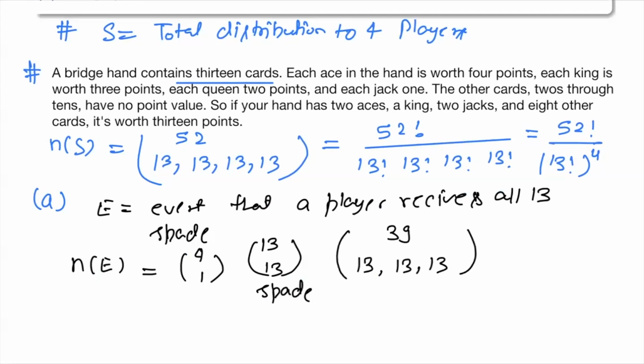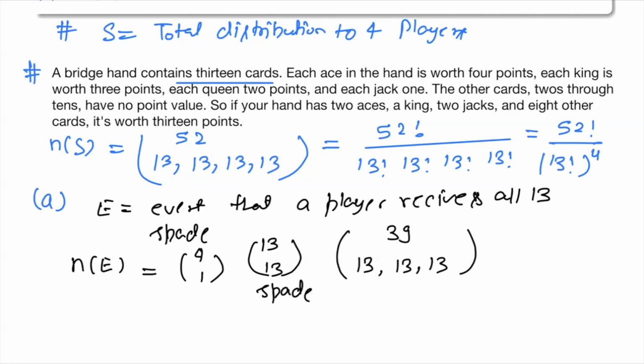How can I choose one player? Out of 4 players, I am choosing one player. And next, out of the 39 left-over cards, I'm going to distribute the cards to 3 players. So it is a distribution, which means multinomial can be used. So 39 divided into 13, 13, 13 there.